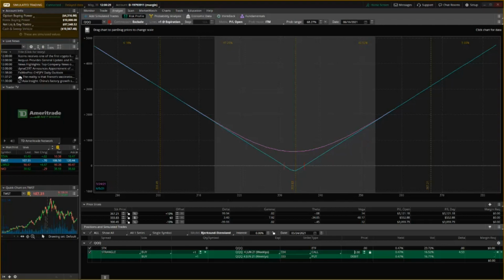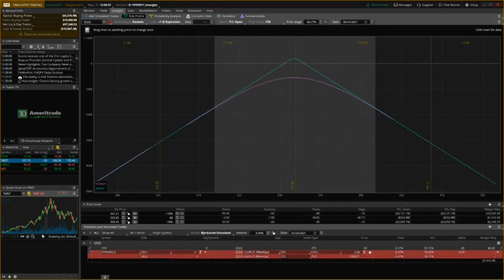Okay, and last thing, of course, keep in mind that you do not want to reverse this strategy and sell it for such a short time, for such a short premium, for just $2. Never do that. Never, ever do that.